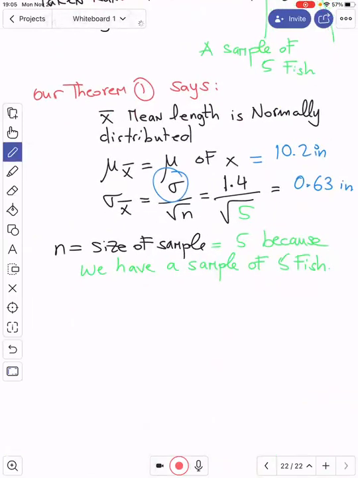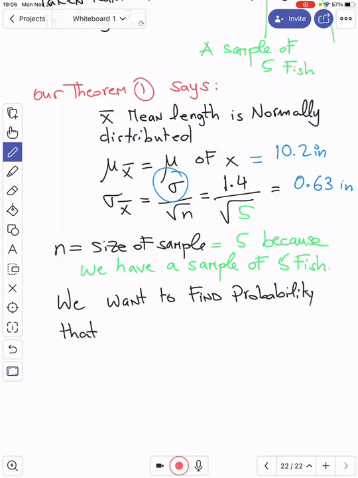So let me write it in words here. We want to find the probability that the mean length of the 5 fish is between 8 and 12.